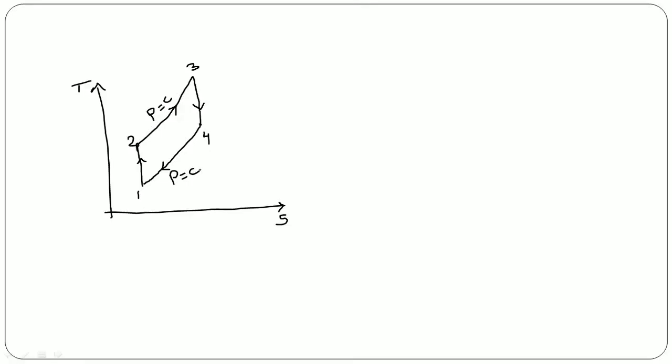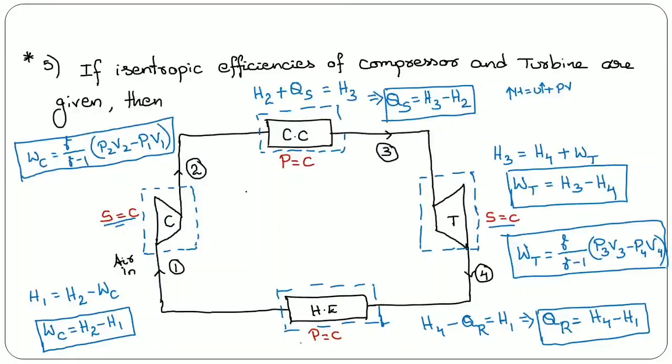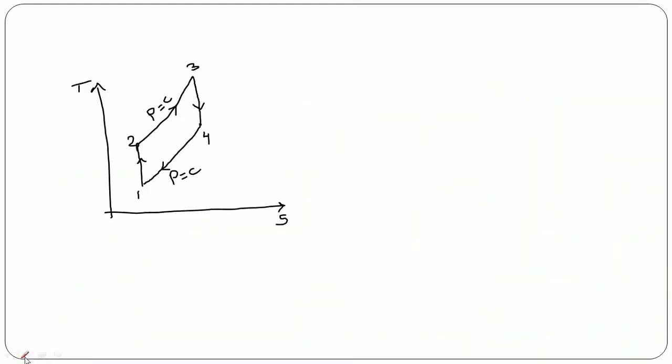Now see here, if isentropic efficiencies of compressor and turbine are given in the problem, then we need to understand that the process is no more isentropic during compression and expansion, but it follows an adiabatic path.